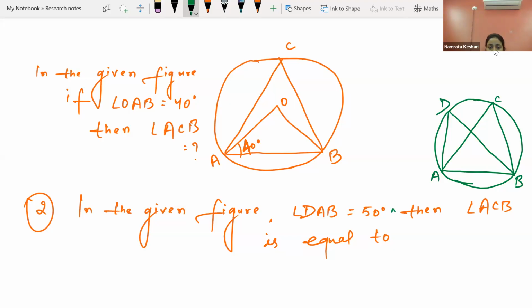And one more information is given. Yes, it is 50 degree over here.